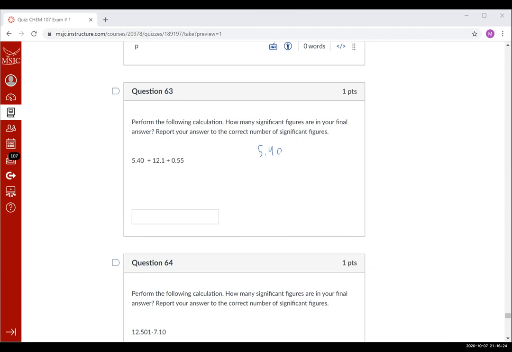So if we have 5.40 plus 12.1 plus 0.55, our least number of decimal places is 1 decimal place. So we get 18.05, and we round to 1 decimal place. That gives us 18.1. Does that make sense?